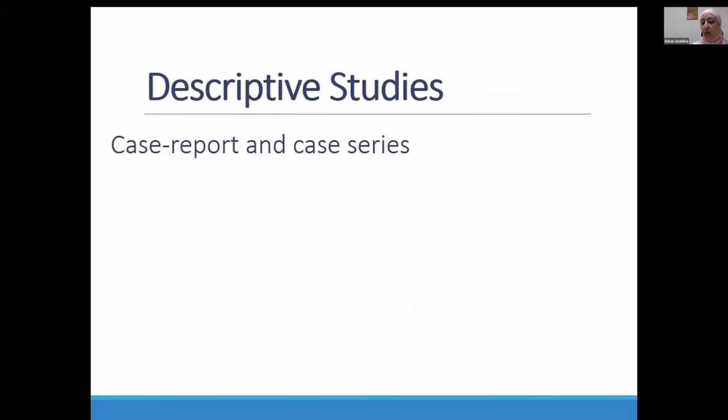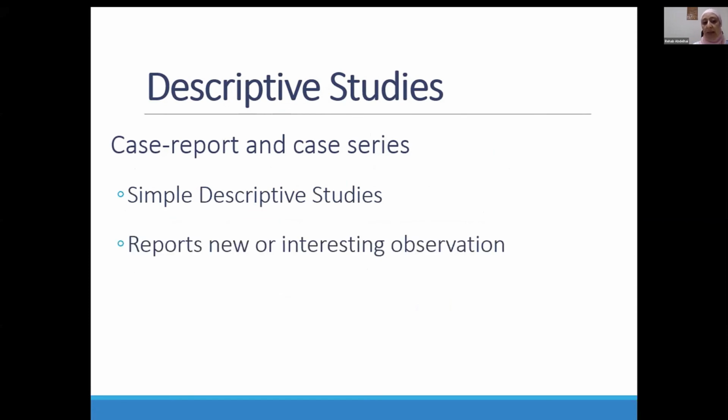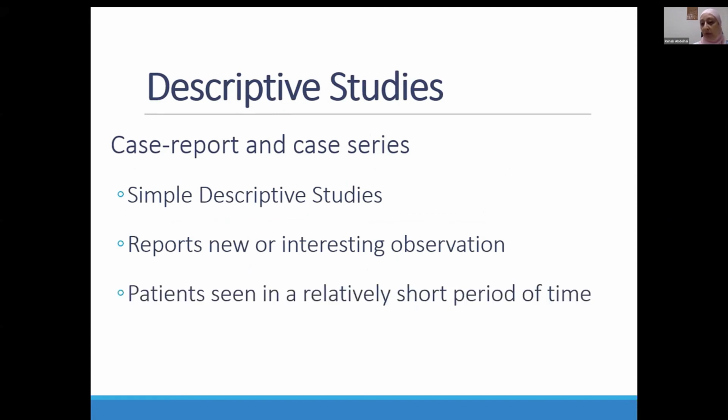So two important descriptive studies are the case report and case series. For those of you who are in clinical practice, these are important designs. They are very simple descriptive studies.